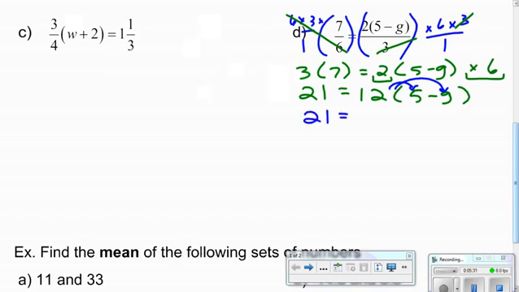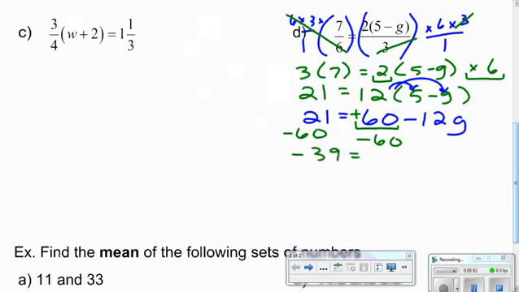Unless you like fractions, and then go for it. Okay. So I'm going to get rid of the 60. This is a positive 60, so we're going to minus 60 from both sides. Negative 39 equals negative 12g.